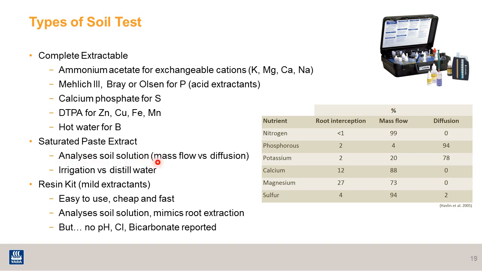Okay, and it is important to understand that. With that saturated paste extract, you're looking at the nutrients that are in the soil solution, and you can see here the plants will take up calcium, magnesium, sulfur, and nitrogen the most from the soil solution.